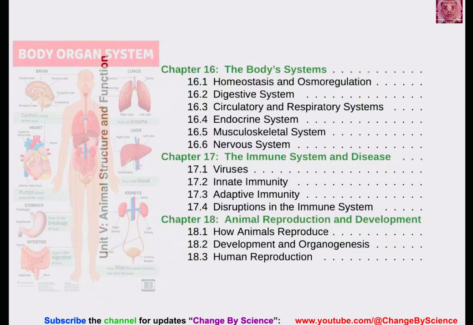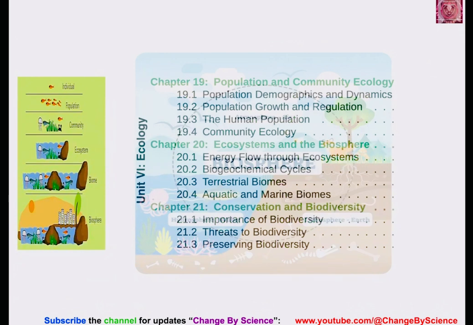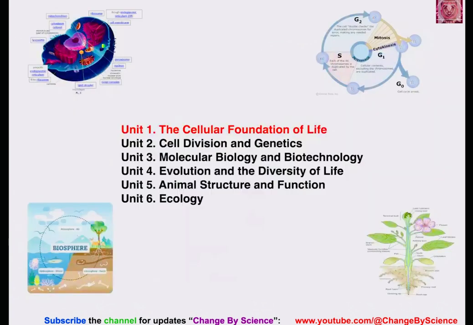Now you have to go to the body organ systems, something you can think about as zoology, the study of animals or human beings. So here: body systems, immune systems, disease, animal reproduction, and development. Then similarly, you enter into the ecology part: population and community ecology, ecosystems and biospheres, conservation and biodiversity.